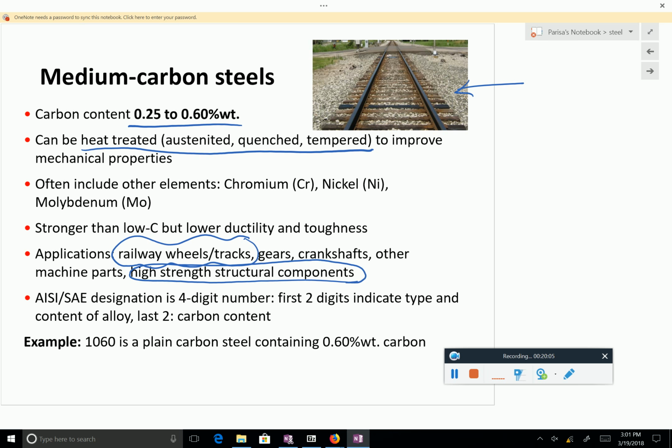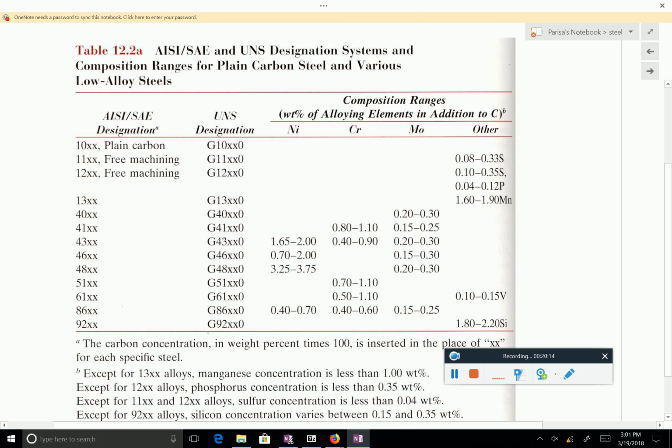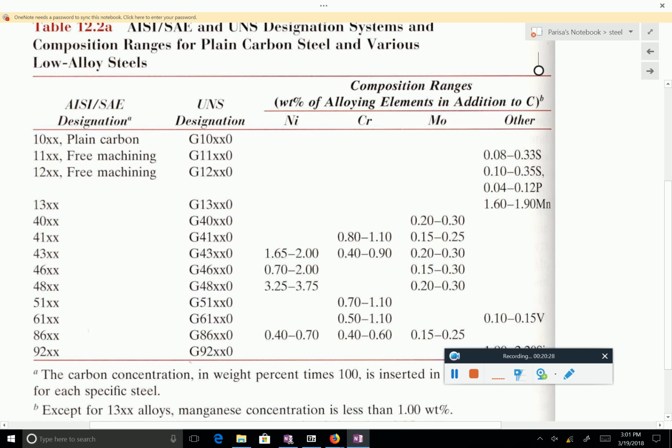Should I move? Everyone has everything later. Yeah. So just so that you see, there is no reason to memorize this or anything, just to be familiar, the designation of the names looks something like that. For example, here 10 is for plain carbon, 11 is for free machining, and then this XX gives you the amount of carbon.